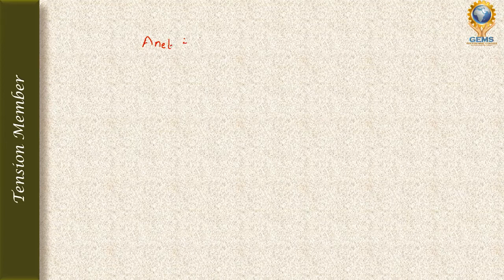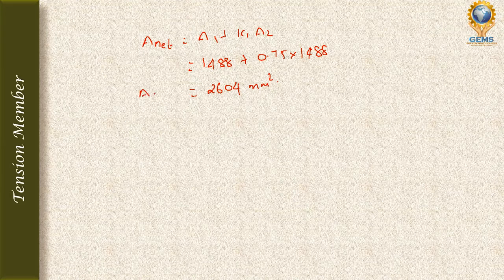It is A1 plus K1 A2. So what is the area of the connected leg? 1488 plus 0.75 into 1488. So the area of the net is equal to 2604 mm square.